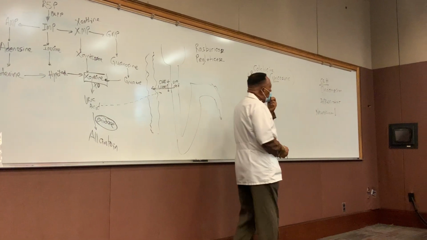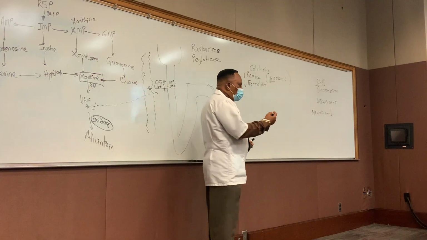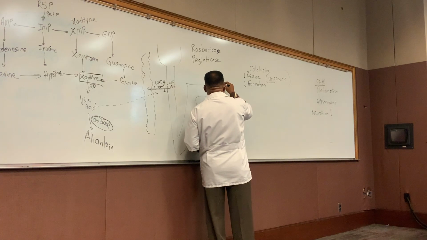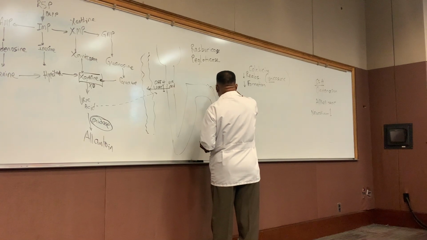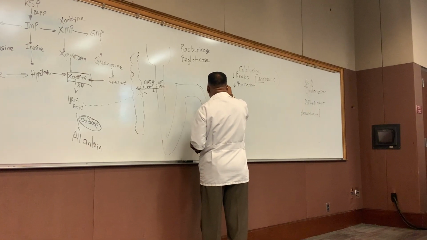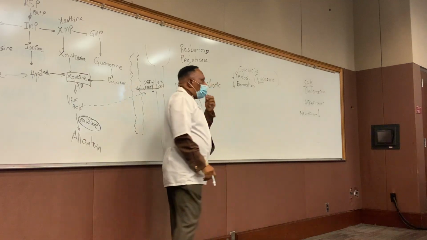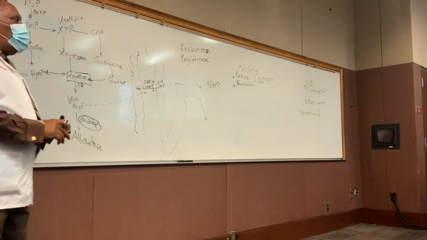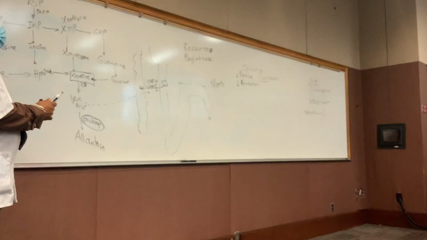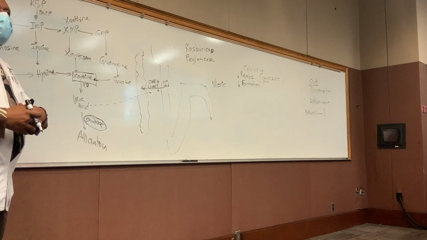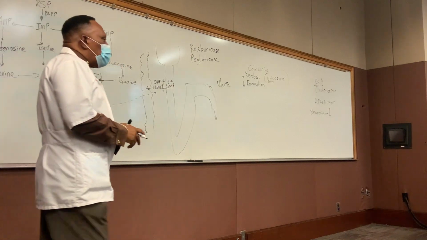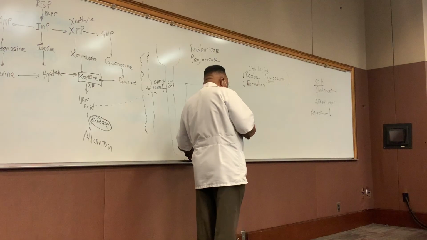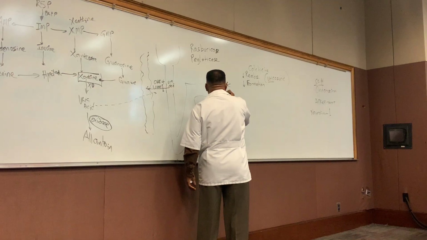In terms of decreasing formation, you can use Uloric. So if the patient is on, say, vinca alkaloids and they're building up uric acid, you can give Uloric, or you can use allopurinol.